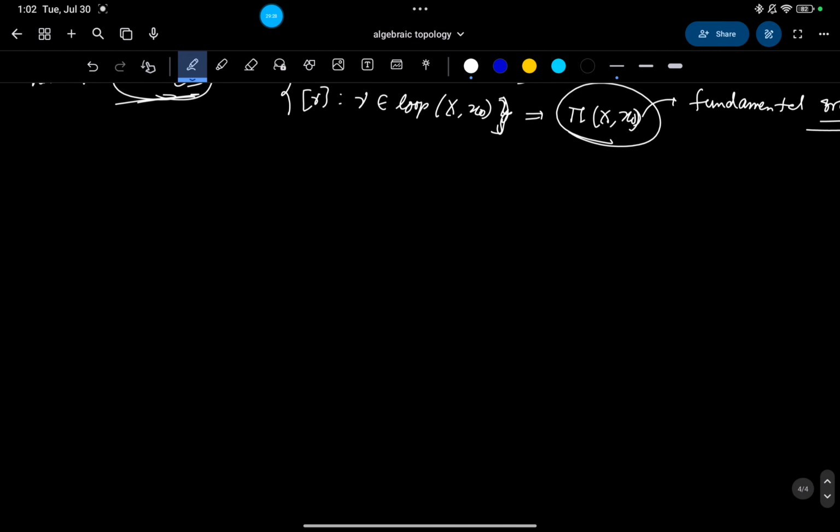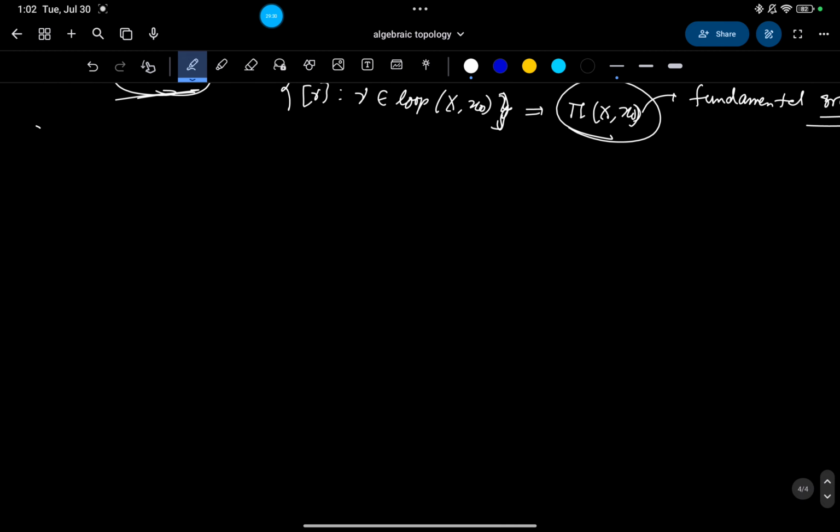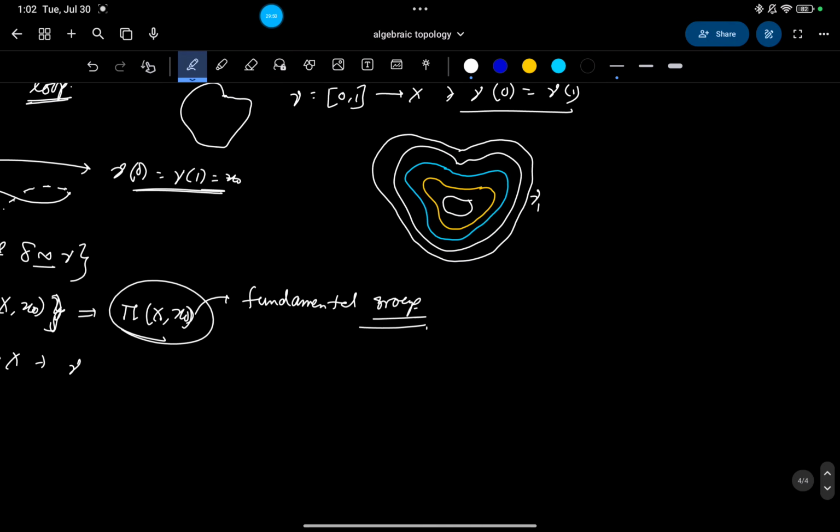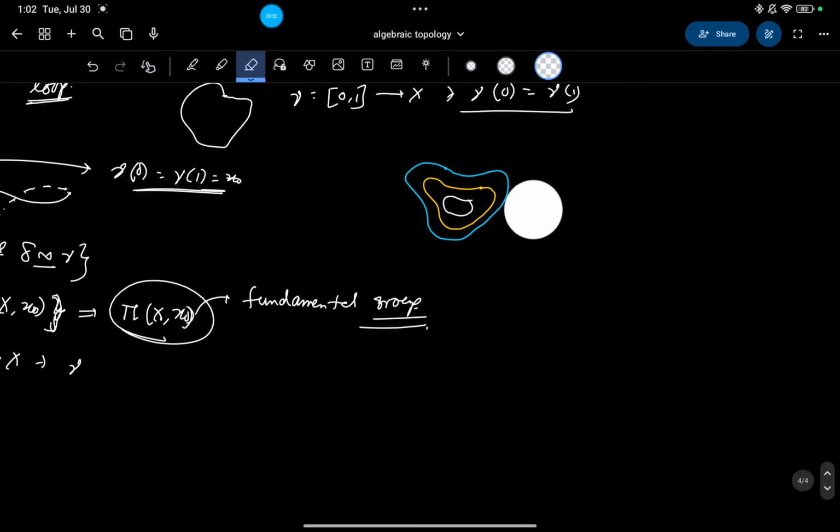Before going to the operation, suppose gamma 1 is from [0,1] to X, and gamma 2 is from [0,1] to X. I'm sorry, the loop should be like this.